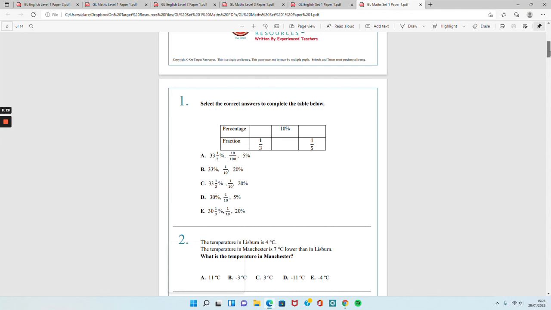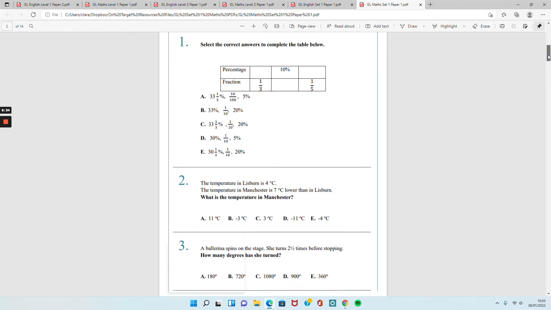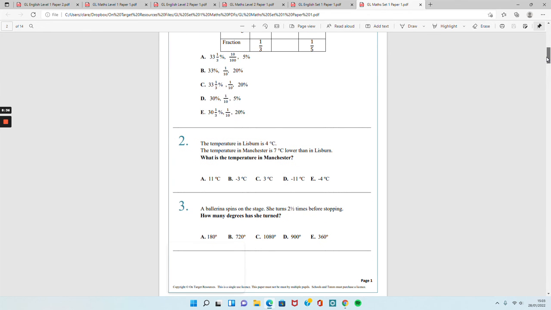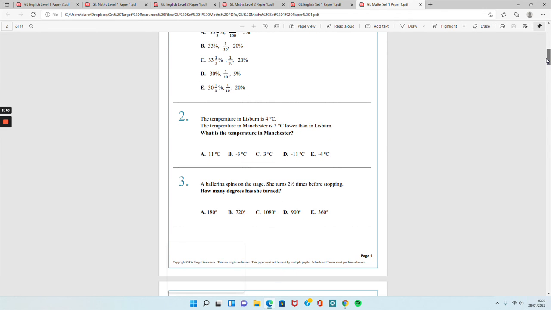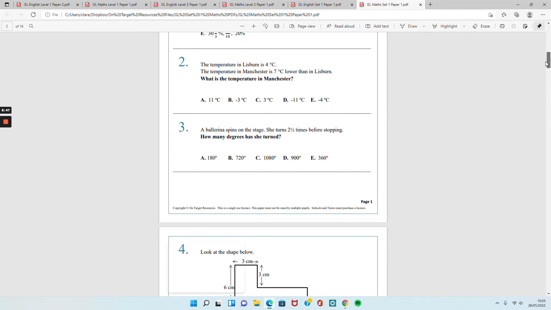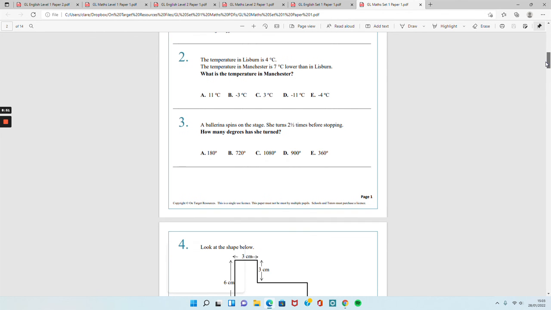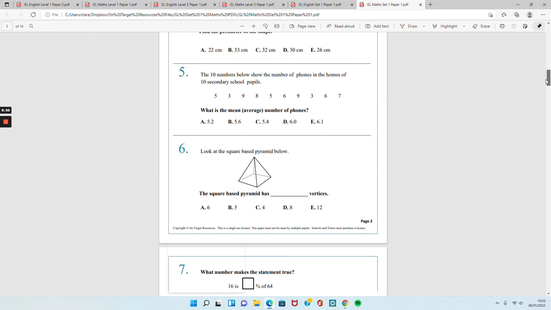So we've got probability added in there, Venn and Carroll diagrams, pie charts, more complex fraction work, angles in a quadrilateral, 3D shapes, timetables, palindromes, area of a non-right angled triangle. So these are all things that are added into level 3.